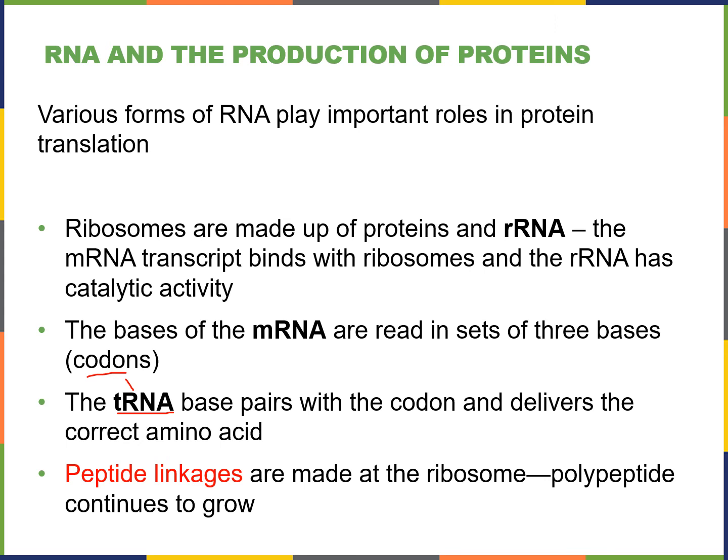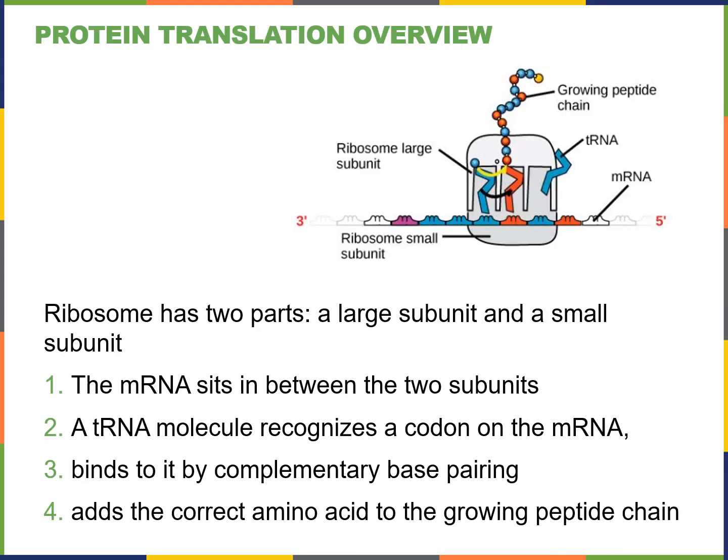But the ribosome not only sets the codons, but then once the correct tRNA with the correct amino acid comes in, it synthesizes a dehydration reaction. It adds one more amino acid to the growing polypeptide. You see here, 3 by 3 by 3, codon by codon by codon.